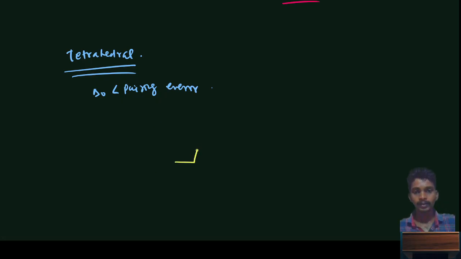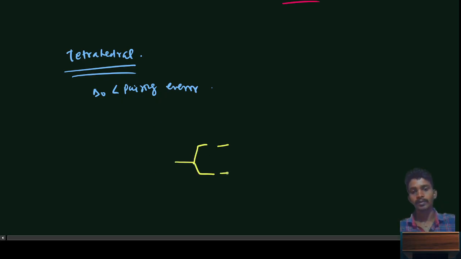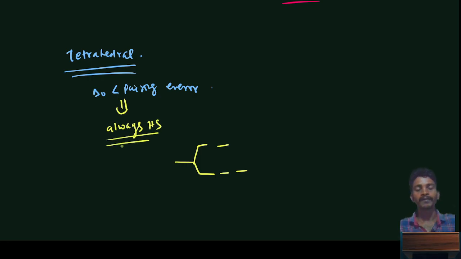So here every case will be high spin complexes. So here always high spin will occur, and there is no chance of pairing, so we do not need pairing energy.